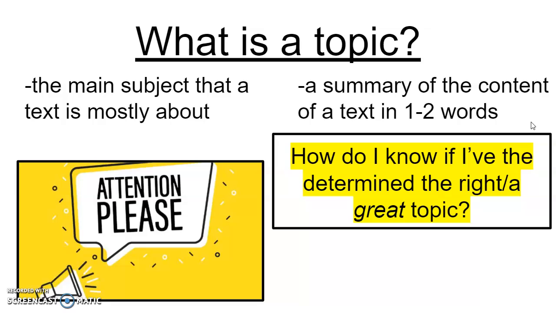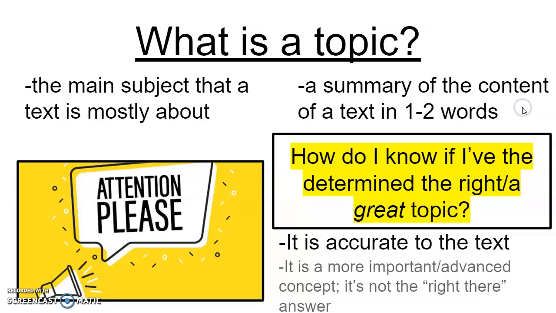Most importantly, how do I know if I've determined the right or the best topic for what I'm looking at? Number 1, it obviously has to be accurate to the text. If the song does not mention fish in the part of your world, that will not obviously be a topic no matter what. So it needs to accurately summarize the text.